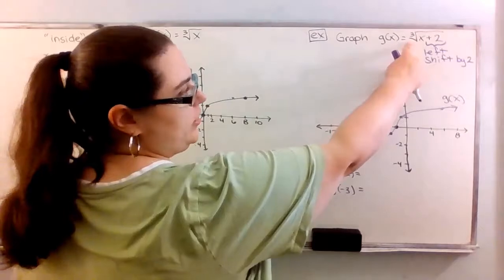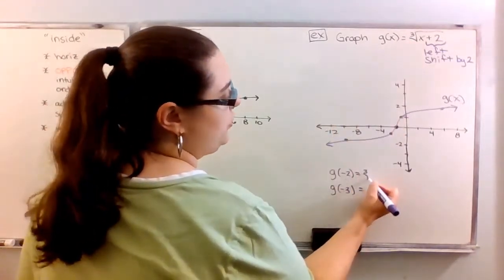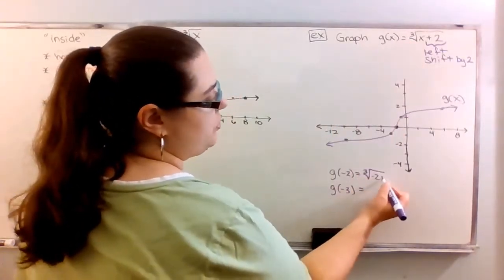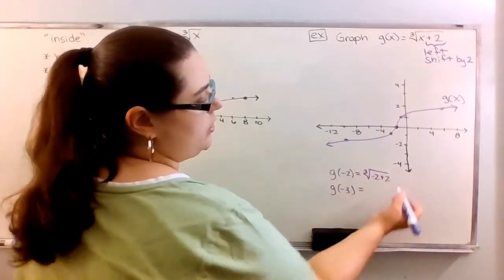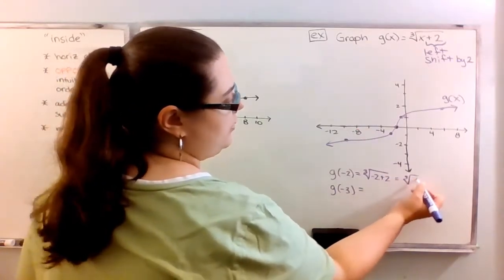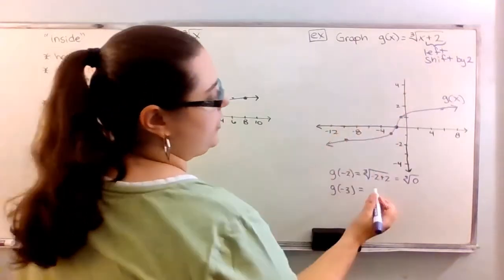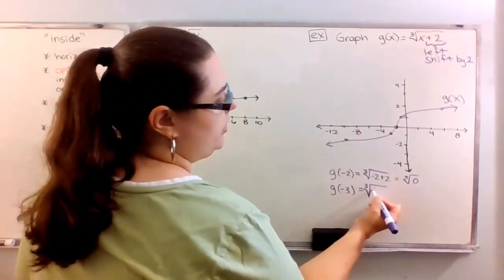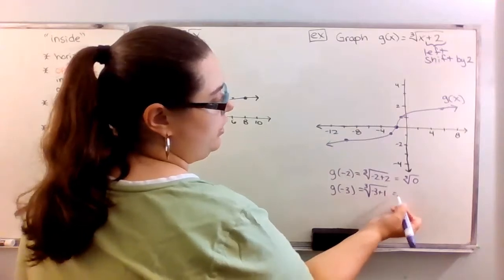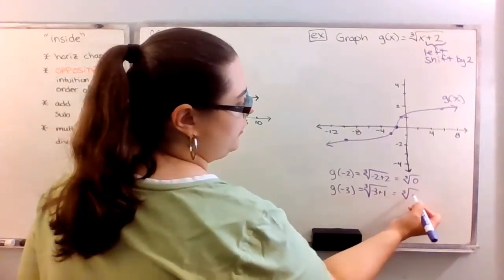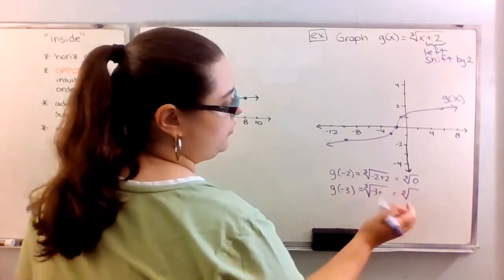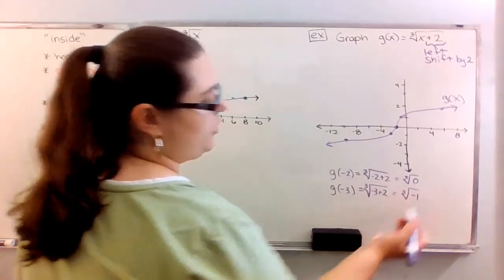If I think algebraically, that's the cubed root of -2 plus 2, which is the cube root of 0. And with -3, if I put -3 in there, we get the cubed root of -3 plus 2, which is the cubed root of -1.